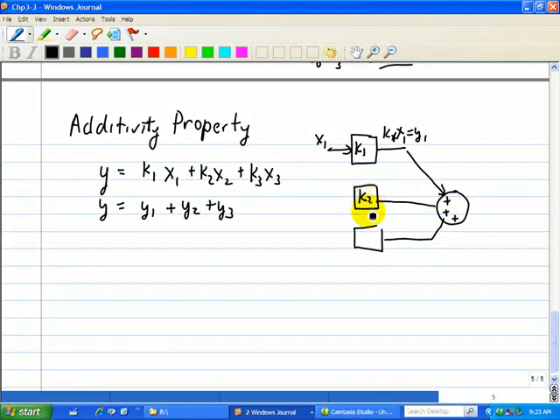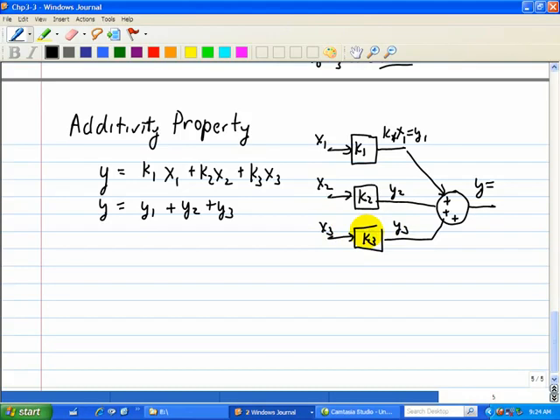This is K2, K3. Input to K2 is X2, and input to K3 is X3. And our output Y is due to the outputs of each of these multipliers, Y2 and Y3, where Y2 is X2 times K2, and Y3 is just X3 times K3.